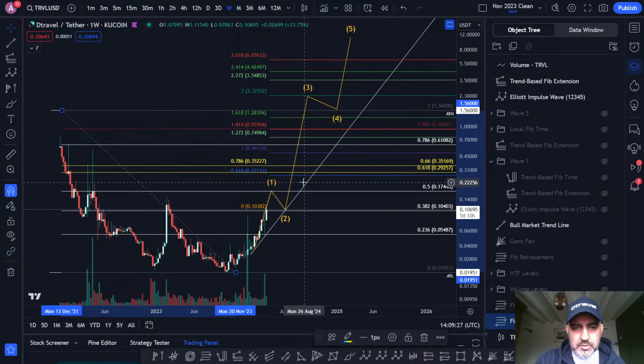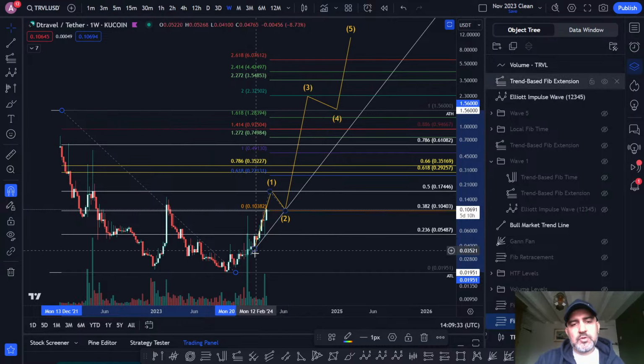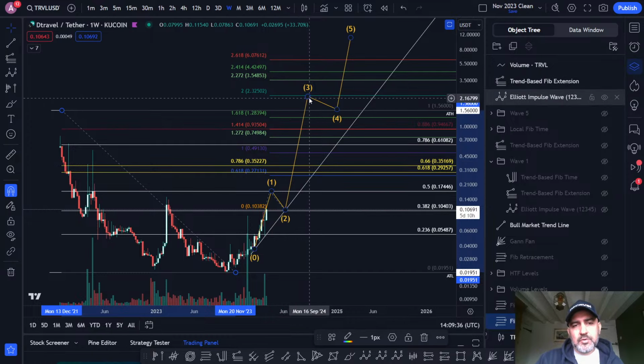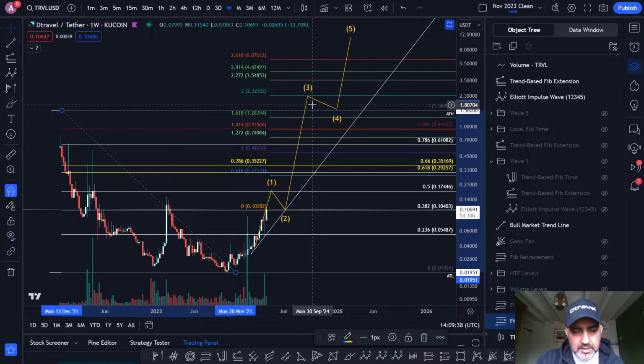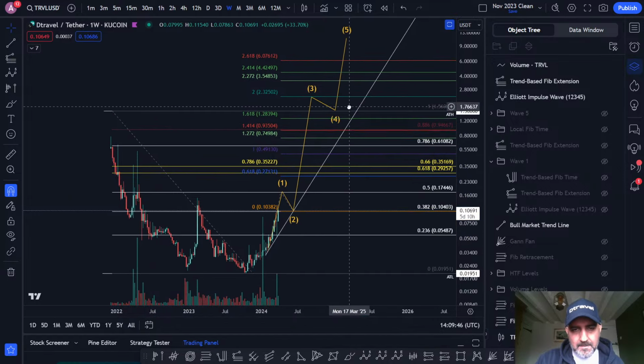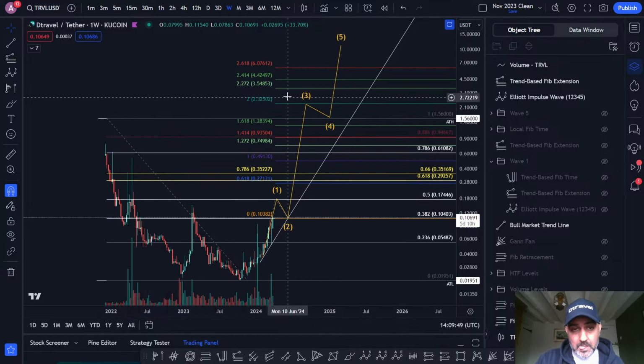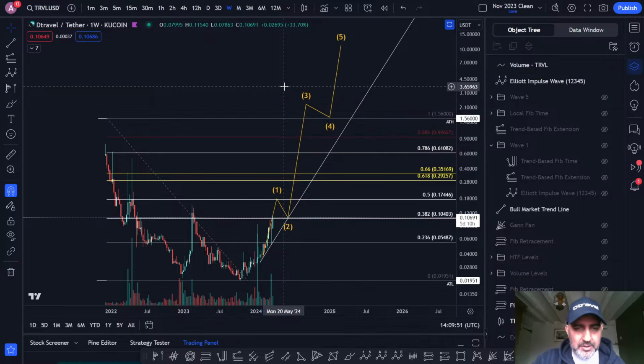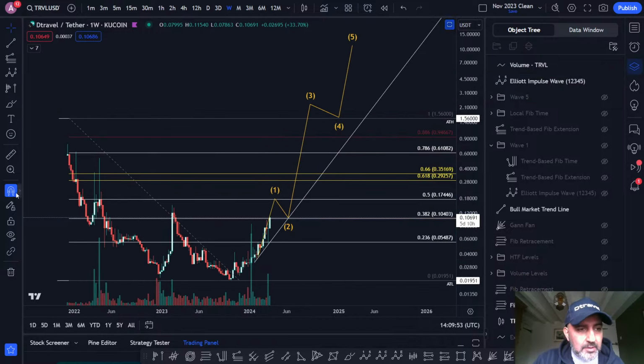One, 2, 3, 4, 5, all the way up to the 2. So you do a 1 to 2, all the way up to $2.3. You come back to the all-time high to back test it. I mean, we're talking about crazy bullish. If this happens, this is crazy bullish.